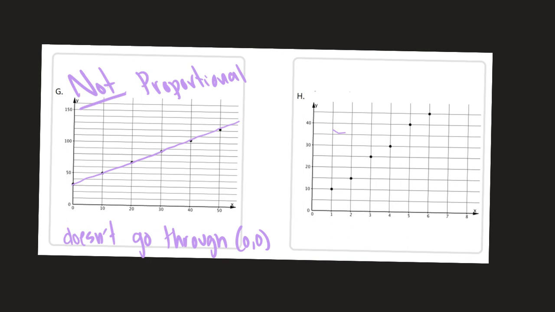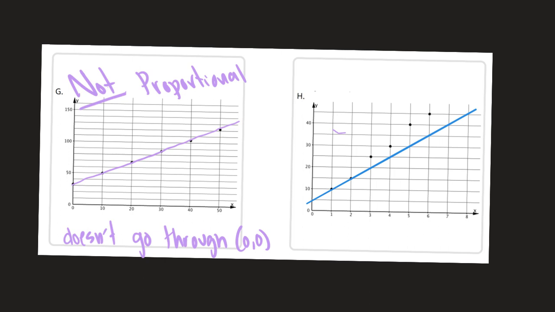And H, let's try. I think this one I'm going to want to do a ruler again because it is so close and it's hard to tell. I'm going to connect those ones. Okay, well, interesting. If I do that, that would be the straight line, but that's not containing all of my points.